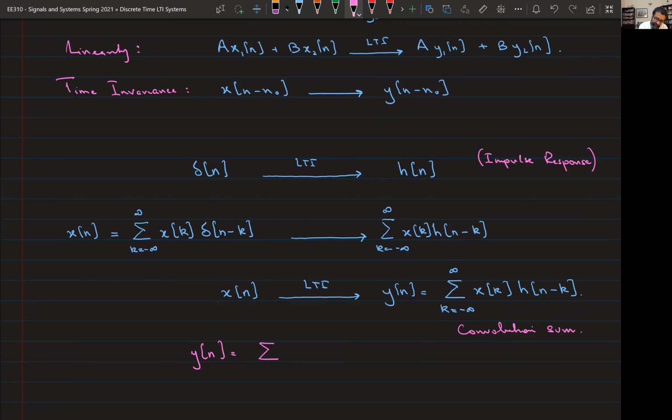The output of an LTI system, when the input is x, is given as this expression. Any questions here? I can now start doing some examples to try to make sense of what it means.